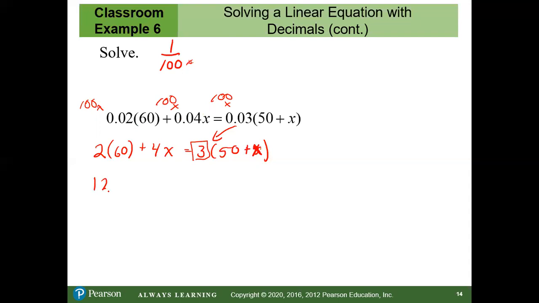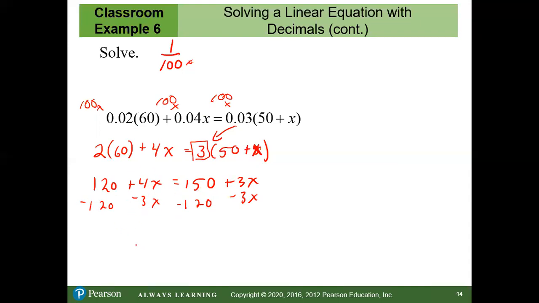So this is 120 plus 4x is equal to 150 plus 3x. And I'm going to kill 2 birds with 1 stone by not only moving the 3x to the left-hand side along with the 4x, but I'm also going to subtract 120 from both sides as well, because I know that eventually this is going to have to go to the other side of the equation.